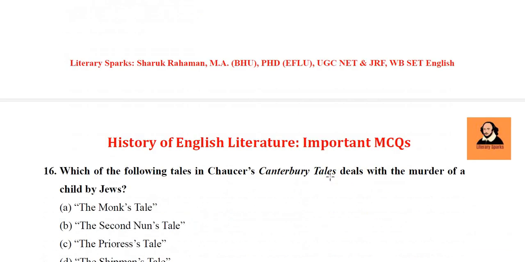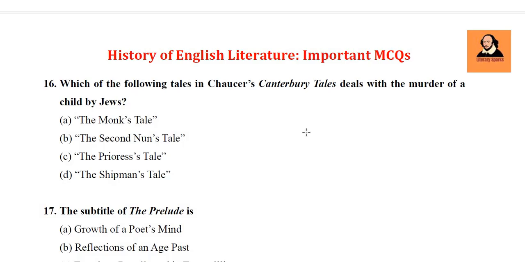I have discussed in great detail the time period of this period and all other periods in the history of English literature. Next question: which of the following tales in Chaucer's Canterbury Tales deals with the murder of a child by Jews? So, a kind of anti-Semitism is portrayed, and there is this long tradition of portraying the Jews as cruel, as murderers in the history of English literature, like The Jew of Malta or Shylock in Shakespeare.